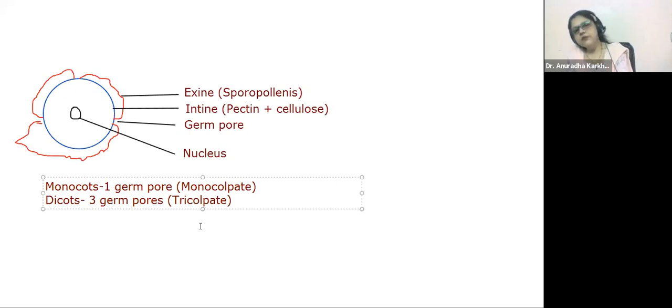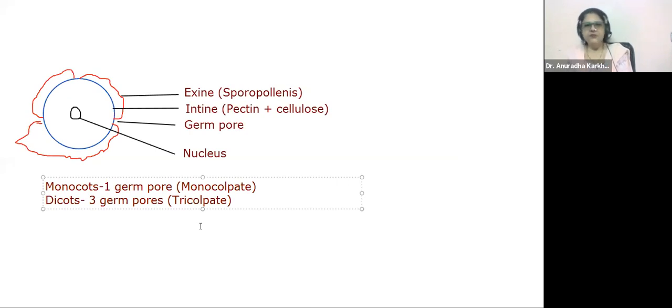If there is no deposition of sporopollenin in a particular area, it leads to the formation of a germ pore. So it's a gap in the exine. Some books say that the exine is interrupted by germ pores. Please write this down, because I have not mentioned these things in your PPT.